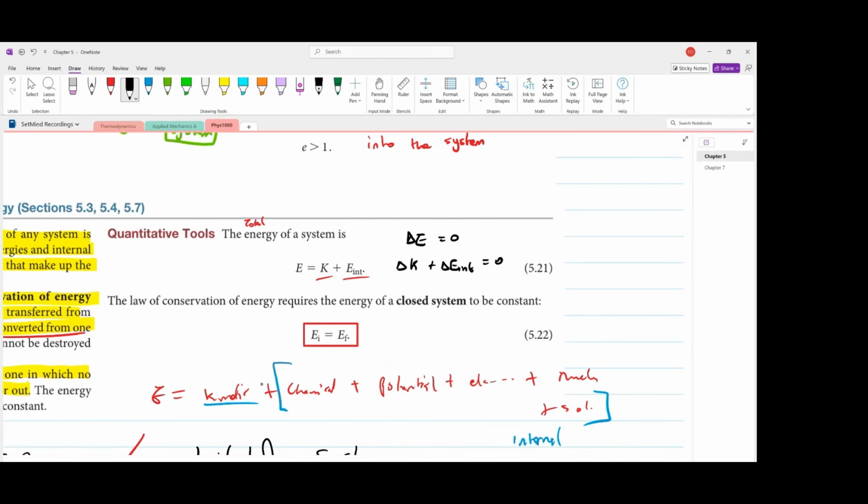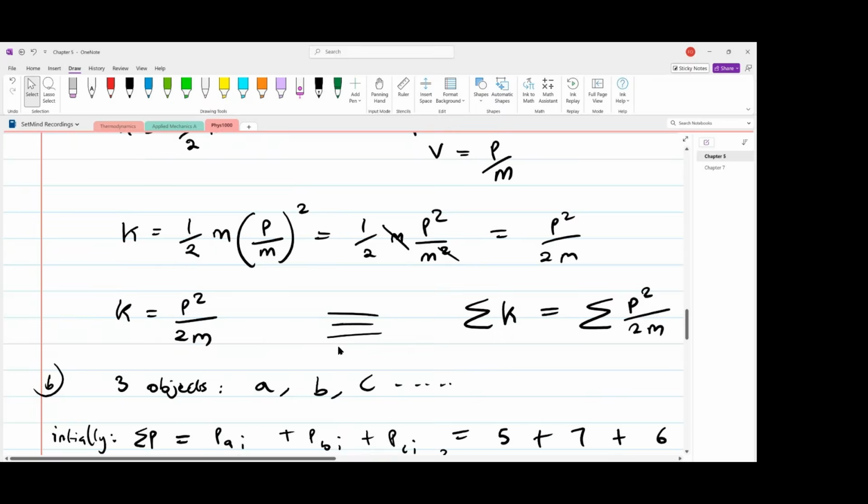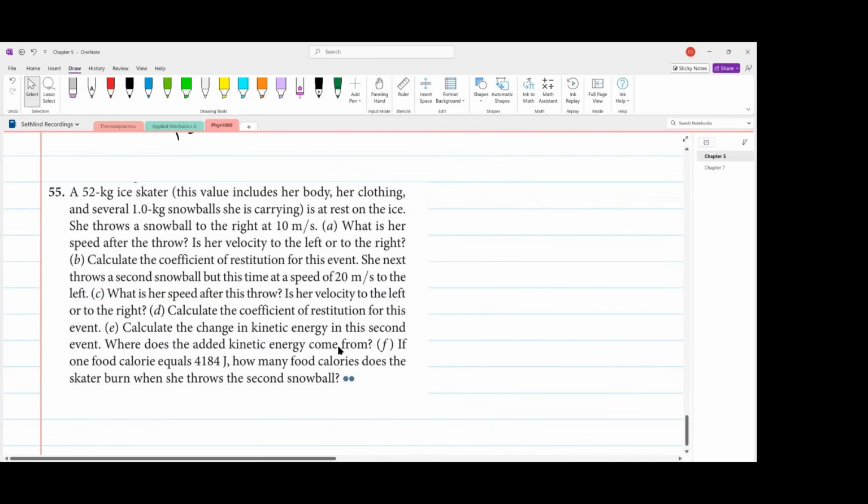So that means we can say delta K is equal to negative delta E internal. The reason I'm explaining this is so we understand that a change in kinetic energy would correspond to a change in internal energy. So just store that somewhere in the back of your mind, because we're now going to look at this question.